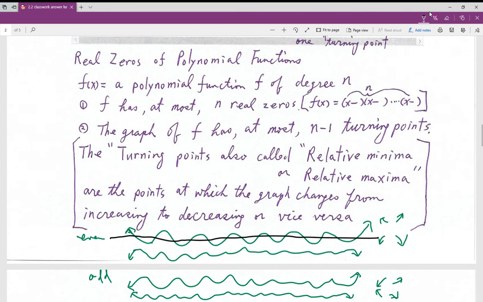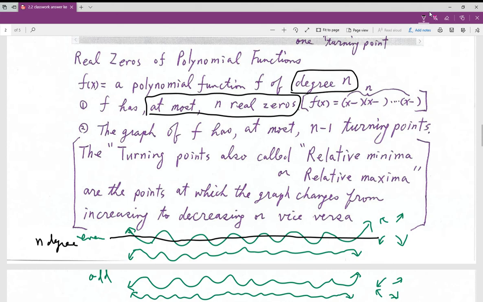So if you have n degree, you have at most n real zeros. That's very important. Okay, if degree n, you have at most n real zeros.